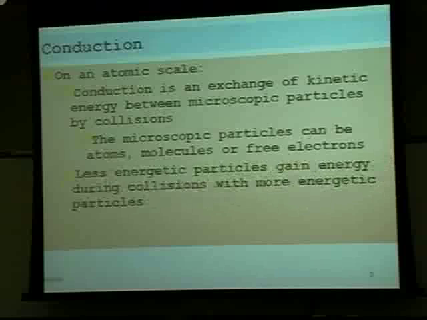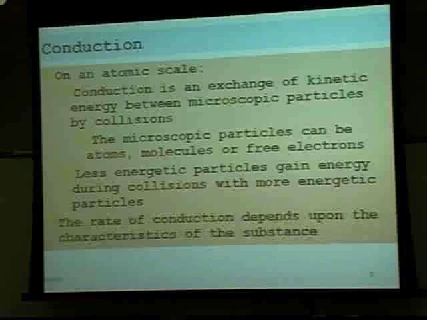Less energetic particles gain energy during collisions with more energetic particles. The rate of conduction depends upon the characteristics of the substance. Basically, you're just transferring energy. One is oscillating more, more energetic. You'll transfer energy to the less energetic, and that will follow through the substance.